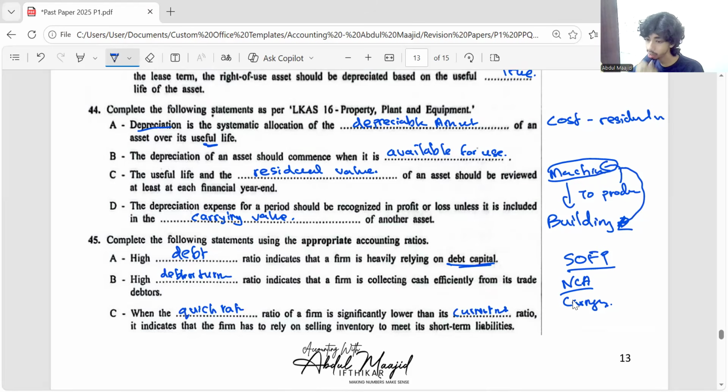If the quick ratio is much lower than your current ratio, and the difference between quick ratio and current ratio is mostly inventory and prepaid expense, then to settle your current liability, if you have very little quick asset, you will have to sell your inventory in order to get enough cash to settle your short-term liabilities.